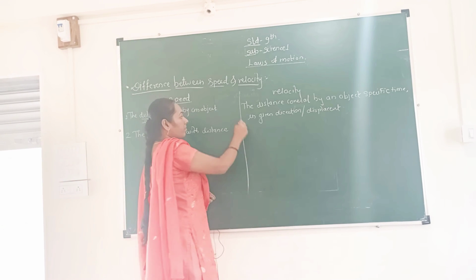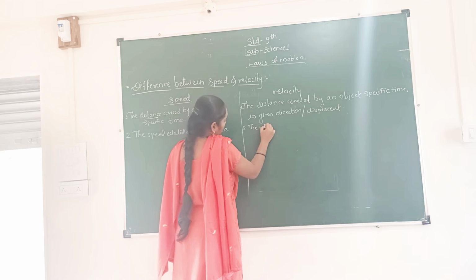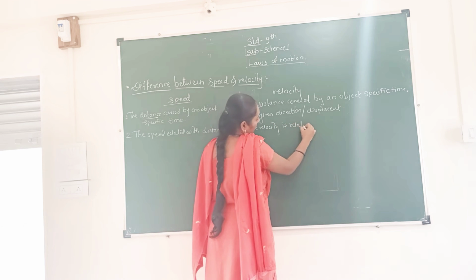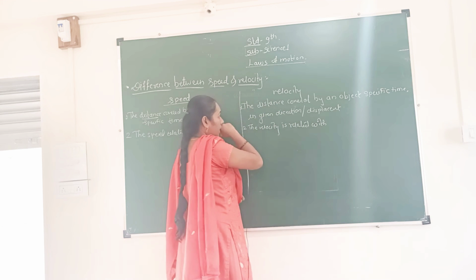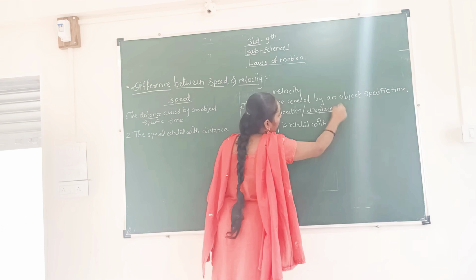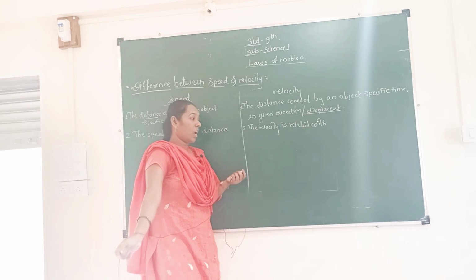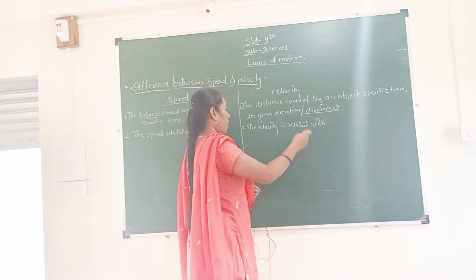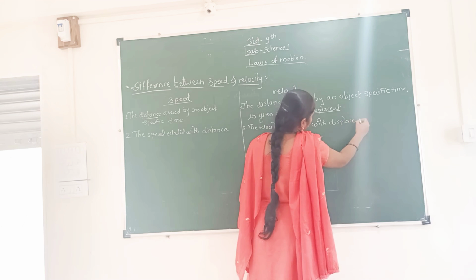Here, the velocity is related with what word? Here it is the displacement. So in point number 2 we can write the velocity is related with the displacement. All of you know that.